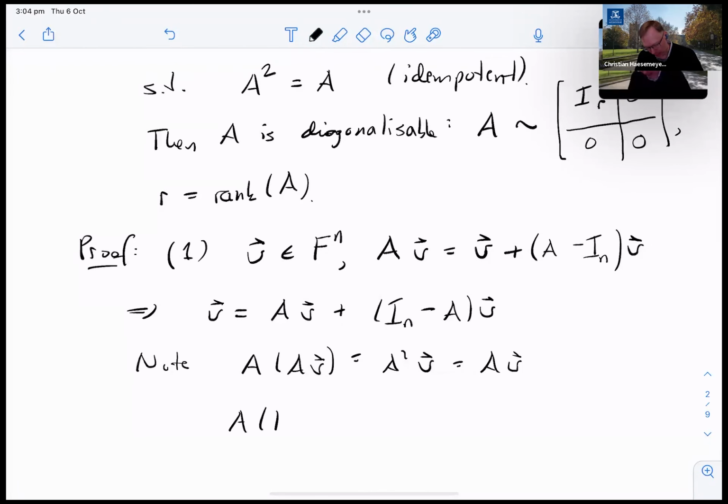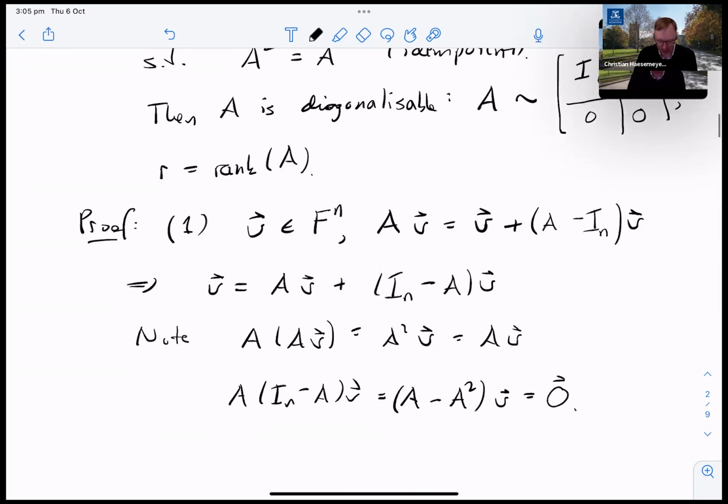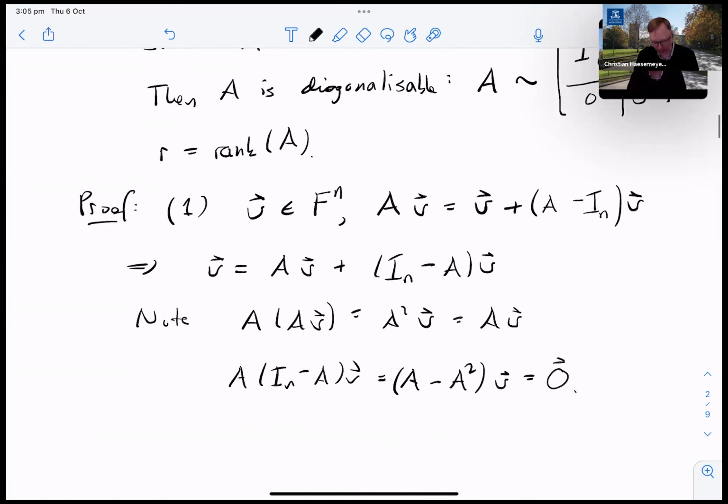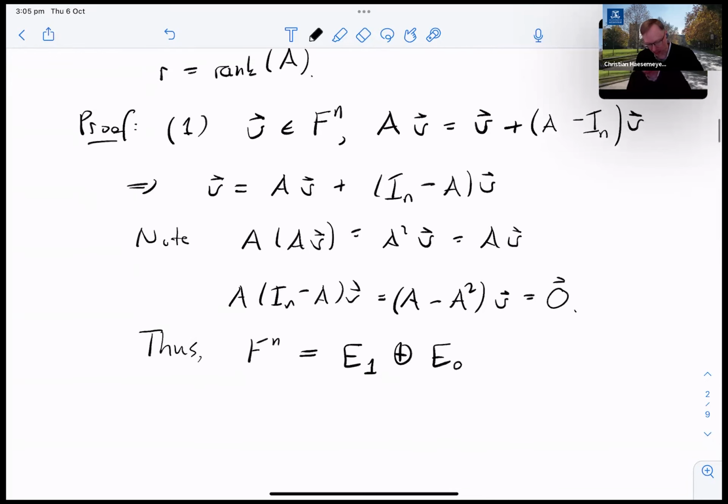And if we multiply (identity matrix minus A) v with A, we get (A minus A squared) times v, but A is equal to A squared, so this is going to be 0. So in other words, we have in fact written the vector v as a sum of 2 eigenvectors, or possibly the 0 vector, but 2 elements of eigenspaces. So thus, we have expressed our vector space F^n as a direct sum of the eigenspace with eigenvalue 1 and the eigenspace with eigenvalue 0.